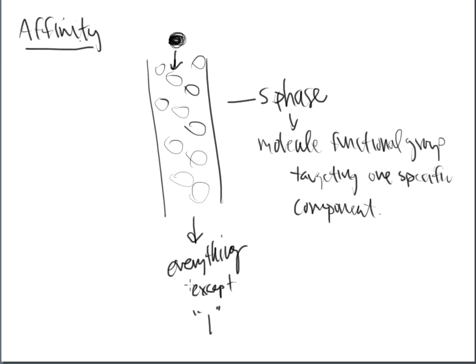Once I send my sample through and everything comes out, that one component is kind of stuck on the surface in here. And it can't leave. I can keep flushing this with mobile phase over and over, and it's never really going to budge. Right? Okay, so that's how this chromatography system's a little bit different.